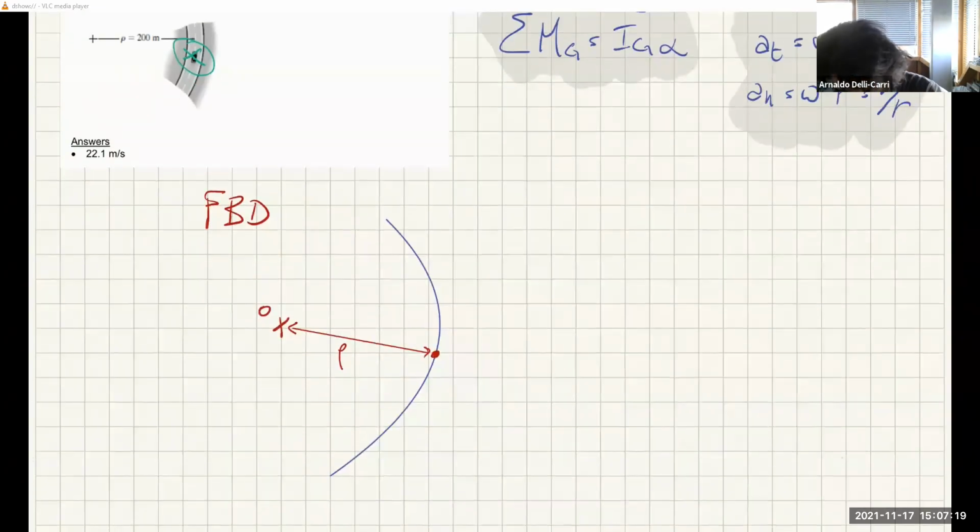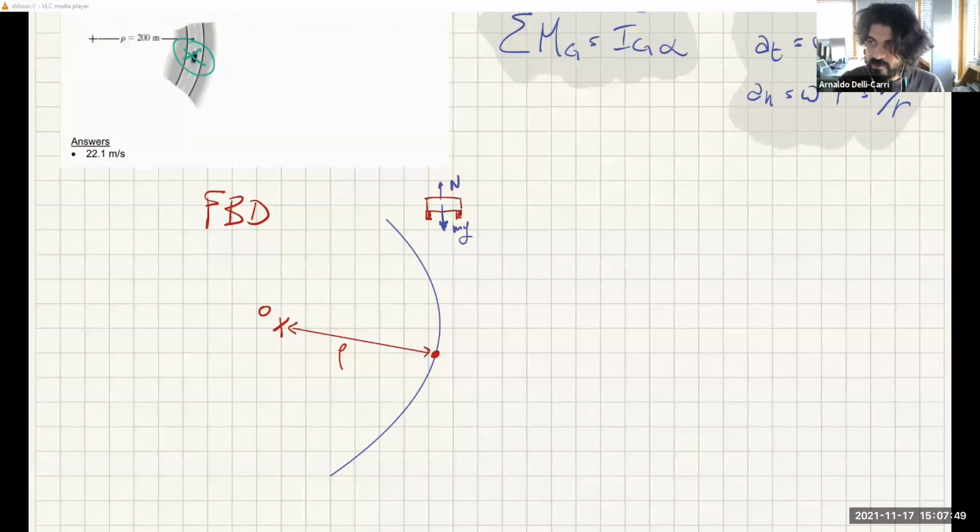So if you look at the car from the side, you have that the weight force mg and the normal force n are acting like this. What other forces are acting on the car?